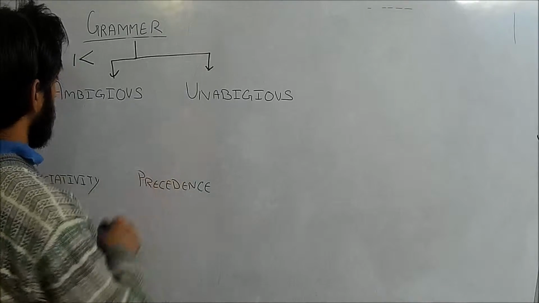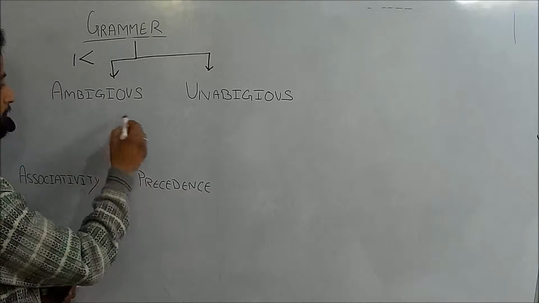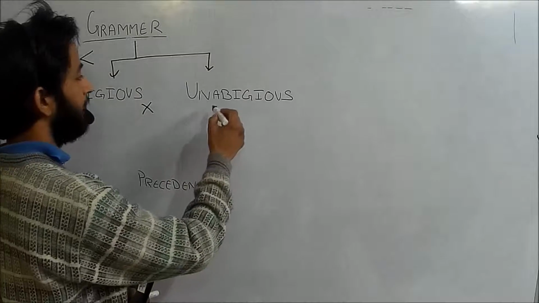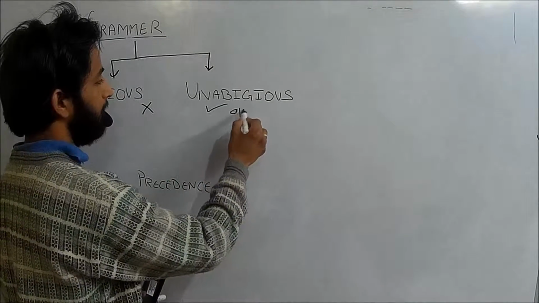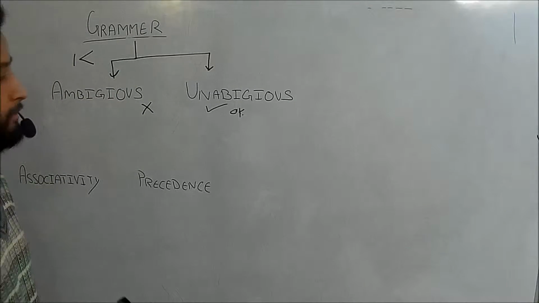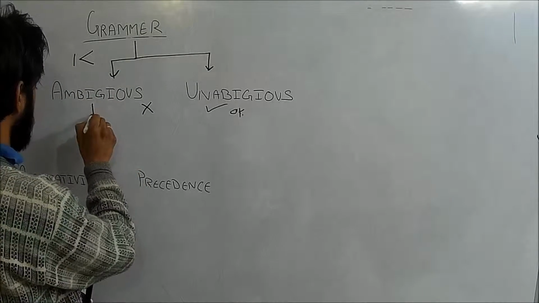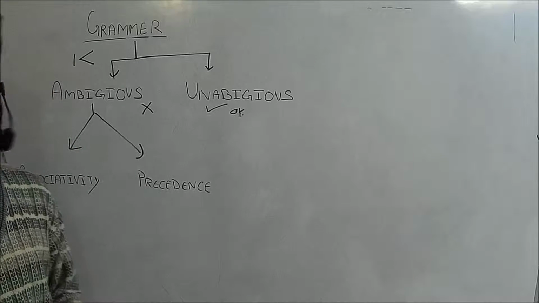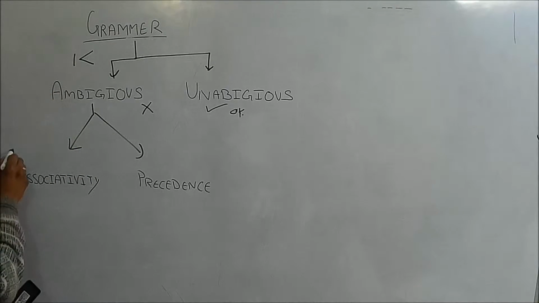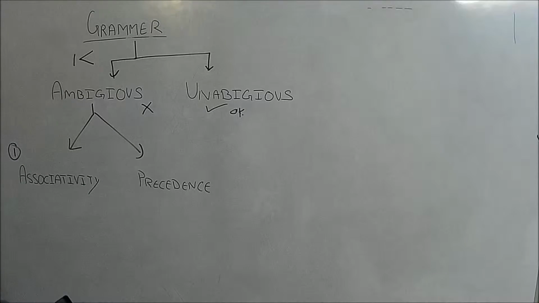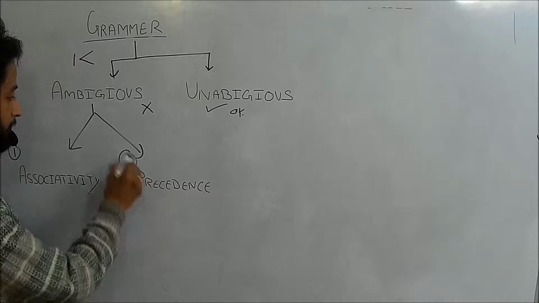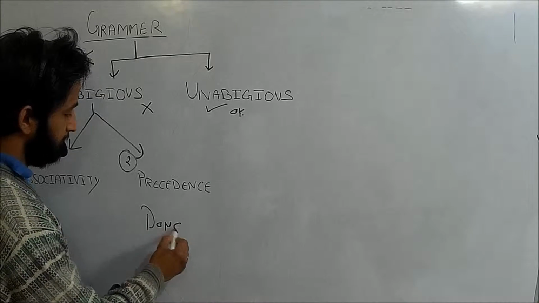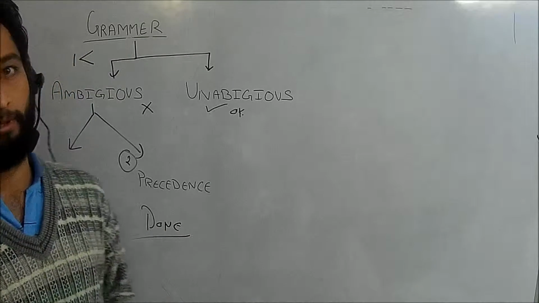This ambiguity will create problems for the parser, and if the grammar is unambiguous, then it is okay for the parser. This ambiguity can be resolved by following two rules: one is associativity and the second one is precedence. We have done all this in our previous lecture.